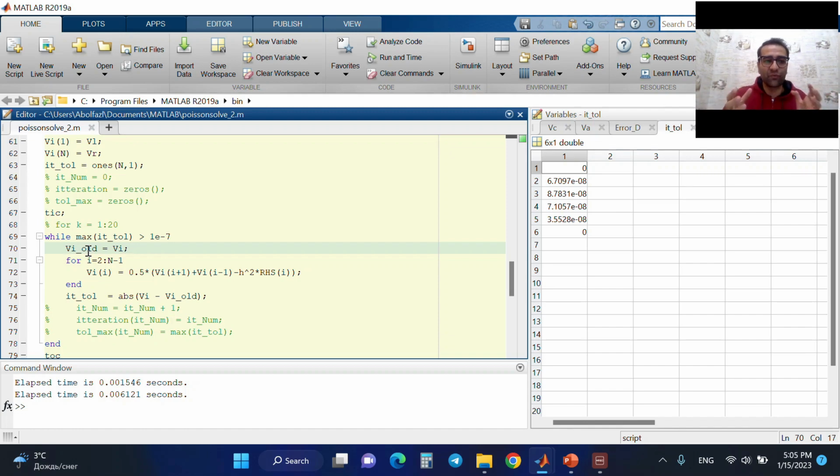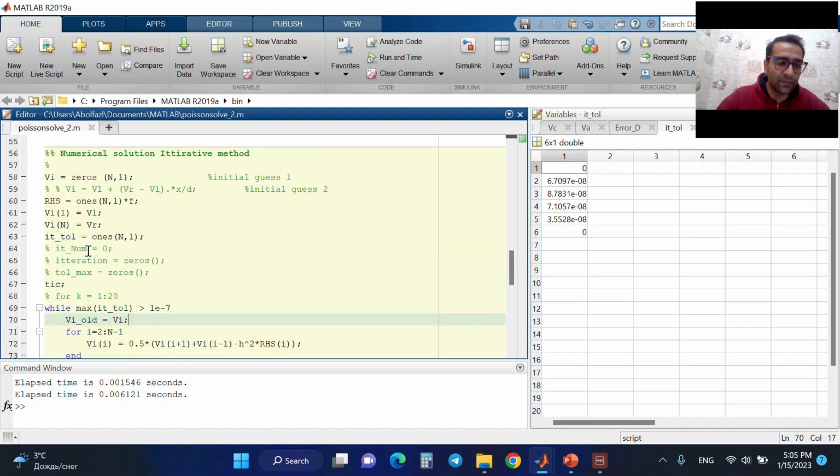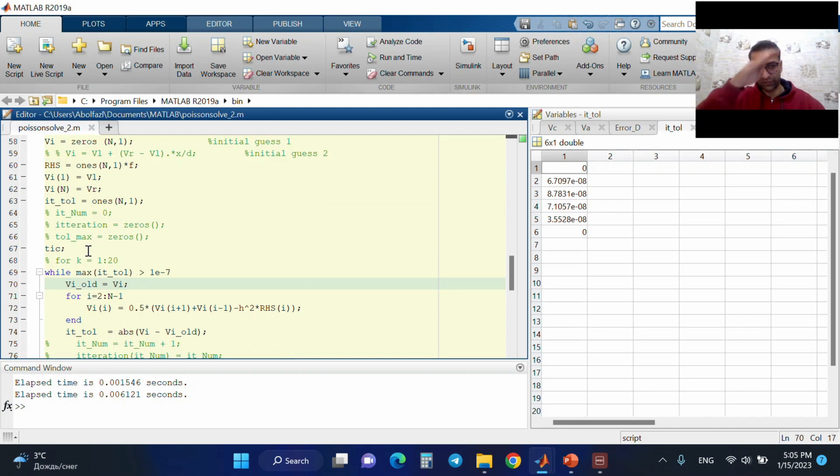It means that this vi old, that is somehow our initial guess, tends to the exact solution by increasing the iteration. And we can easily check how this convergence happens and how this v old or vi tends to the exact solution.